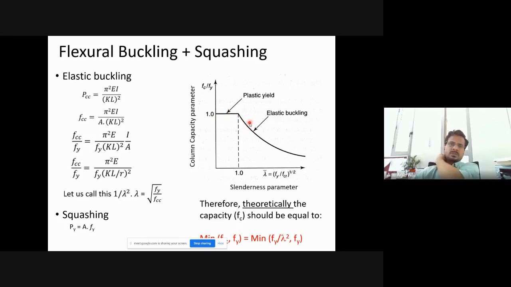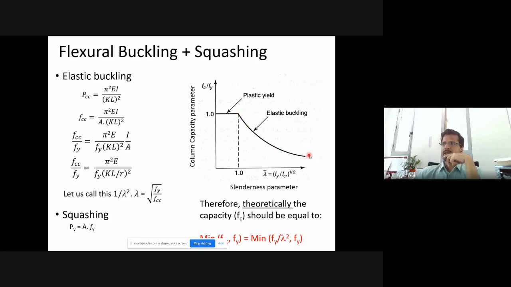Another assumption that we have made is that this equation, pi square EI by L square. Pi square E, you can take r and break into I by A, you will get pi square EI by L square. That pi square EI by L square assumption is true only for a perfectly straight column.